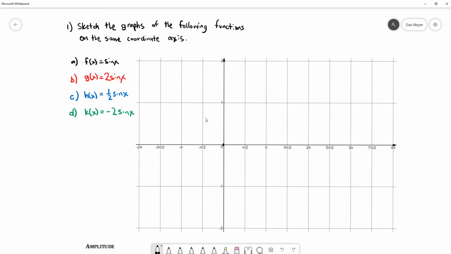Remember, it starts at 0, goes up to 1, back down to 0, down to -1, back up to 0, and there's 1 period of it. If you've got some colored pencils at home, that might be useful here, or some good labeling is also helpful. And then we'll use periodicity to repeat the pattern.